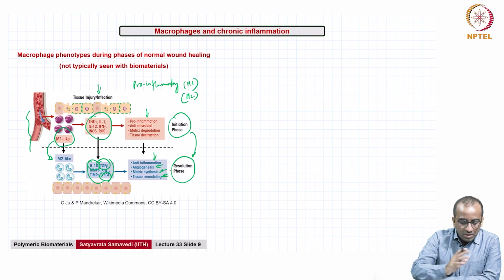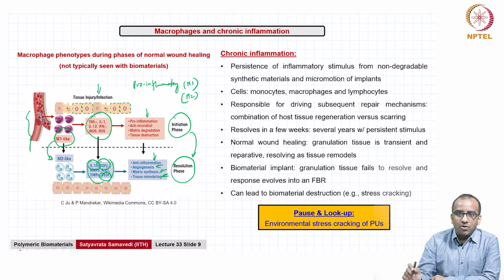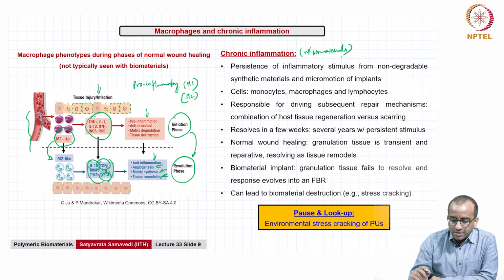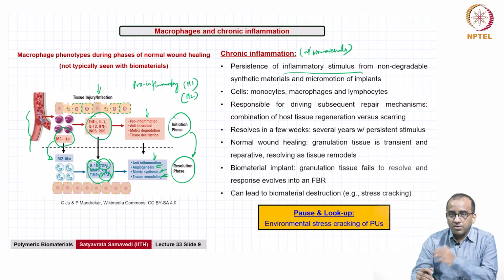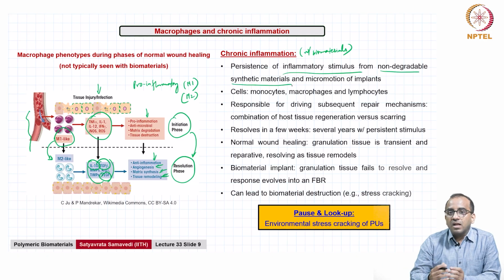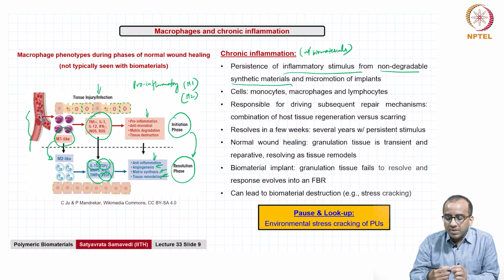Now, with this picture in mind, you can contrast this with chronic inflammation that occurs with biomaterials, particularly long-term implants. There is persistence of the inflammatory stimulus, because the biomaterial continues to stay in the body, especially if it is a non-degradable synthetic material, and especially if it can move around.